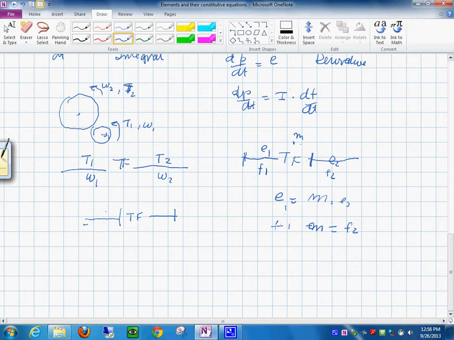And in that case, if this is E1 and this is E2, you have E sub 1 times the modulus equals E2.